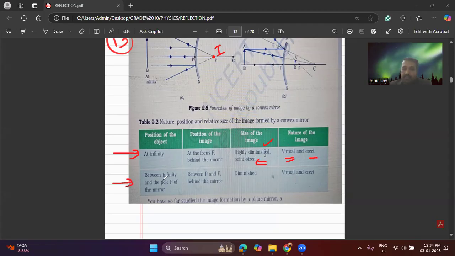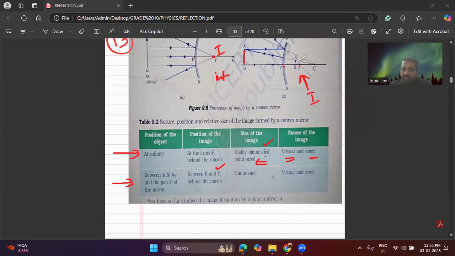Then the second case is between infinity and the pole of the mirror. This is the object, and here is infinity, and the object is in between infinity and the pole of the mirror. So we will be getting the image between pole and F, behind the mirror.